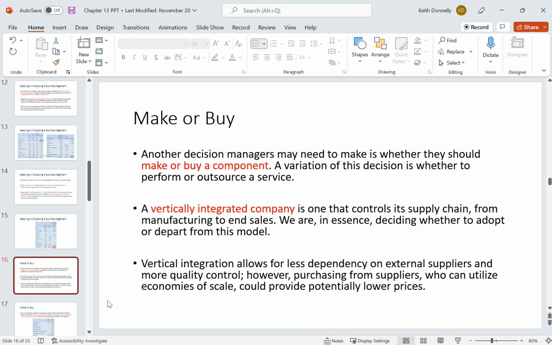However, purchasing from suppliers, if you buy the guitar strings from somebody else and those suppliers have economies of scale, like they can mass produce it for a cheap price, we may be able to actually buy it for less than it would cost us to make it. So we have to decide here, and weigh these items against each other.